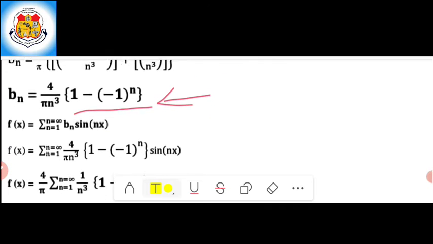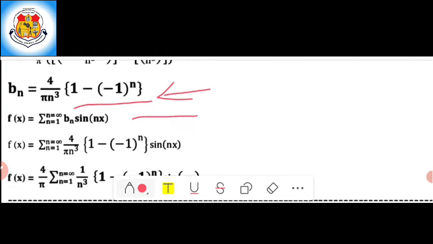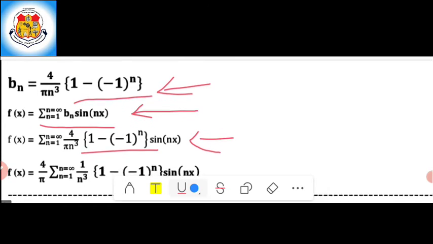So we know the half-range Fourier sine series representation of the function f(x) is the summation from n = 1 to infinity of bn sin nx. So f(x) = summation from n = 1 to infinity of 4/(πn³) (1 − (−1)^n) sin nx.